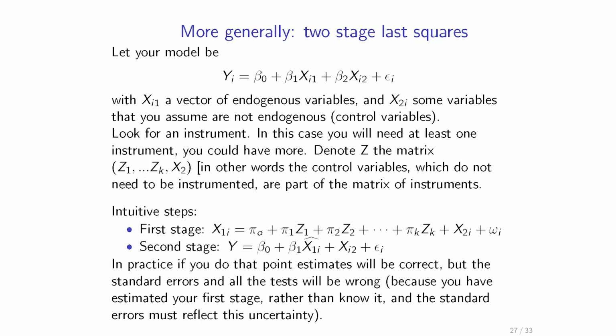In practice, if you do that, the point estimate will be correct, but the standard errors and all the tests will be wrong, because if you do that mechanically, you forget in the estimation that you've estimated the first stage, and therefore there is additional error that comes from that. So you need to take it into account.